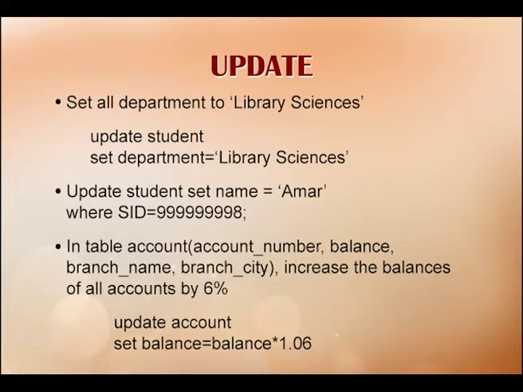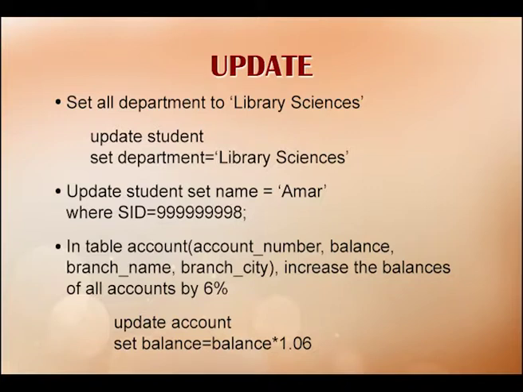Then update. Suppose you want to set the department column of all the records to library sciences. Then you have to give a command like update student, where student is the table name, set department equal to, within single quotes, library sciences.